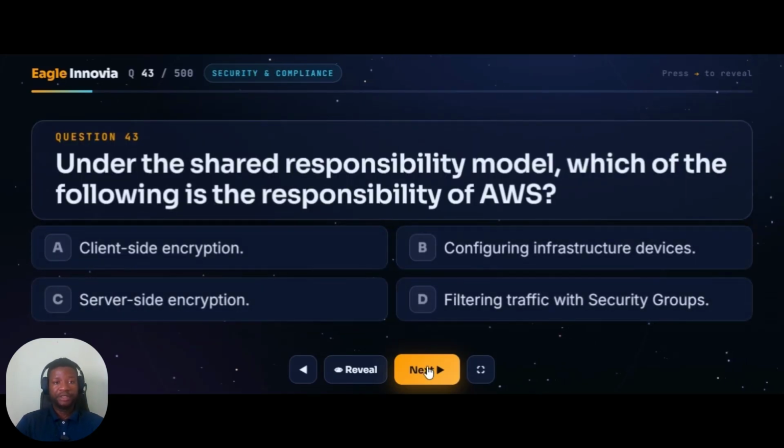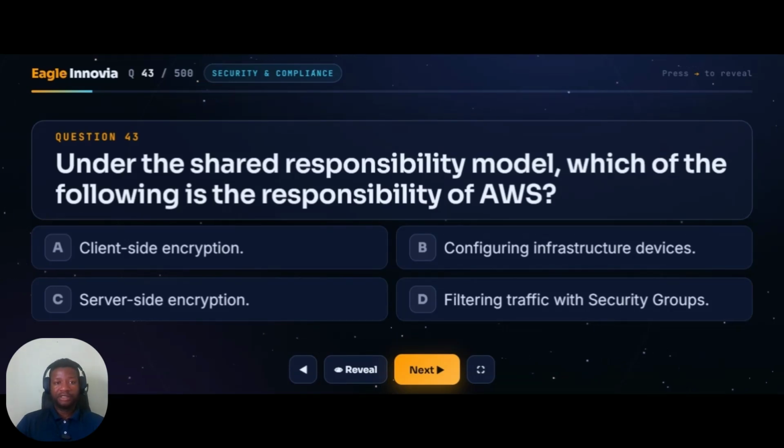Question number 43. Under the shared responsibility model, which of the following is the responsibility of AWS? A. Client-side encryption. B. Configuring infrastructure devices. C. Server-side encryption. D. Filtering traffic with security groups.